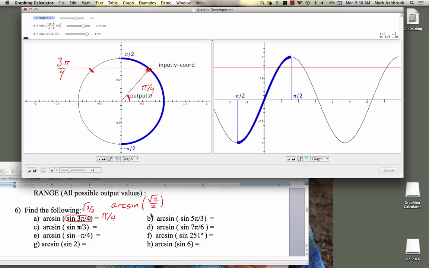But from what to what? You guys have the right idea, but get a degree measure between negative 90 and 90.